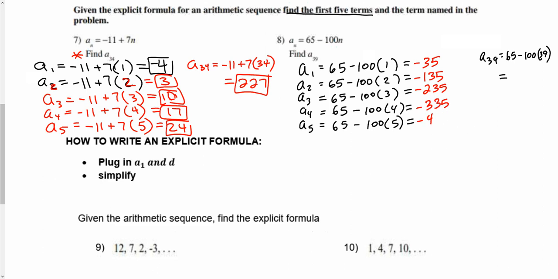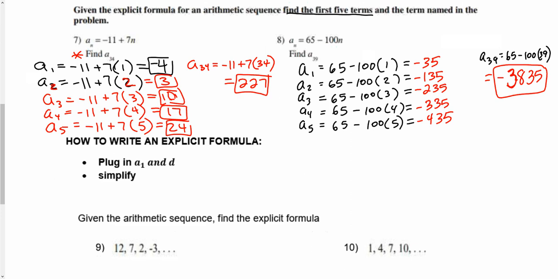Oh gosh, 35. Anyone find the 39th number in the list yet? 3,835? Negative, yeah. Let me fix that. Negative, bam, there's our answer.